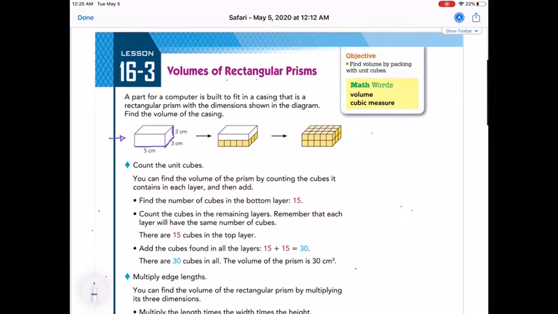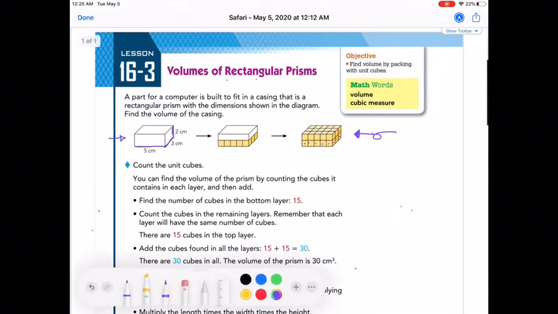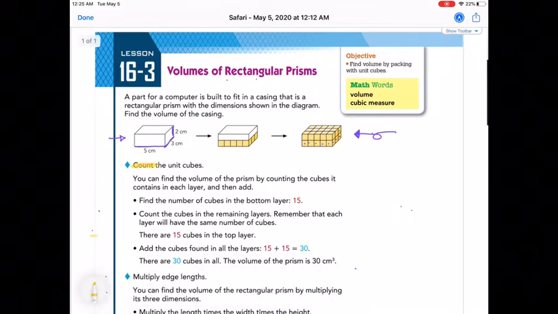All right, so if we look over to the right here at this example where it is all cubed up, we've got 1, 2, 3, 4, 5 in length, 1, 2, 3 in width, and 1, 2 in height. Okay, so the first way that we can look at this is count the unit cubes.